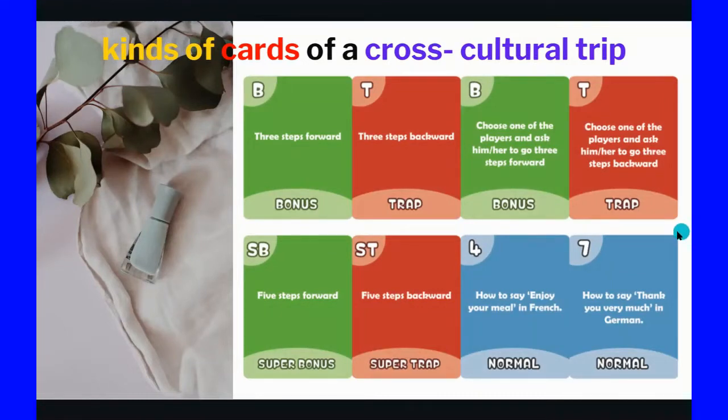But if it is a punishment, we call it trap, 3 steps backward, for example. You have to go backward, 1, 2, 3. And any other bonus relating to the cross-cultural trip. So if you play this game, you also learn some cross-cultural knowledge. It can be about the greeting, how to say thank you, and any other knowledge relating to cross-culture.